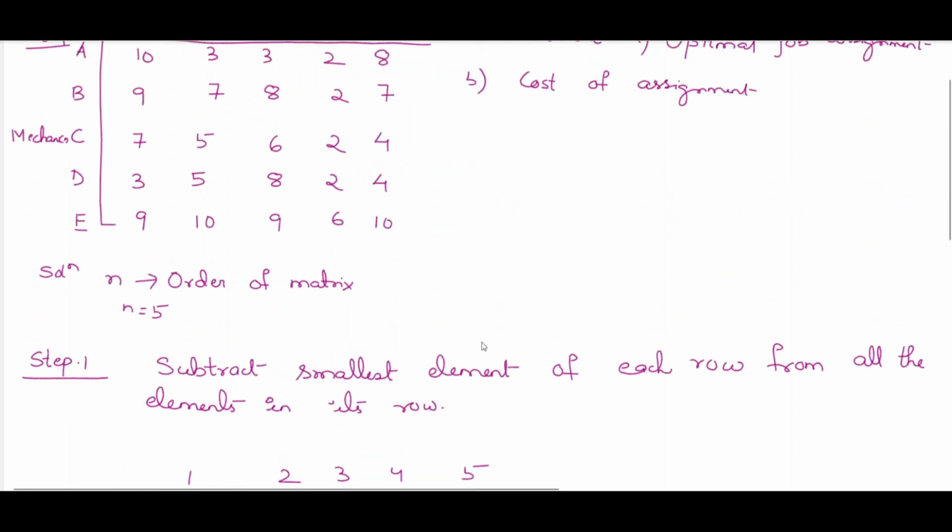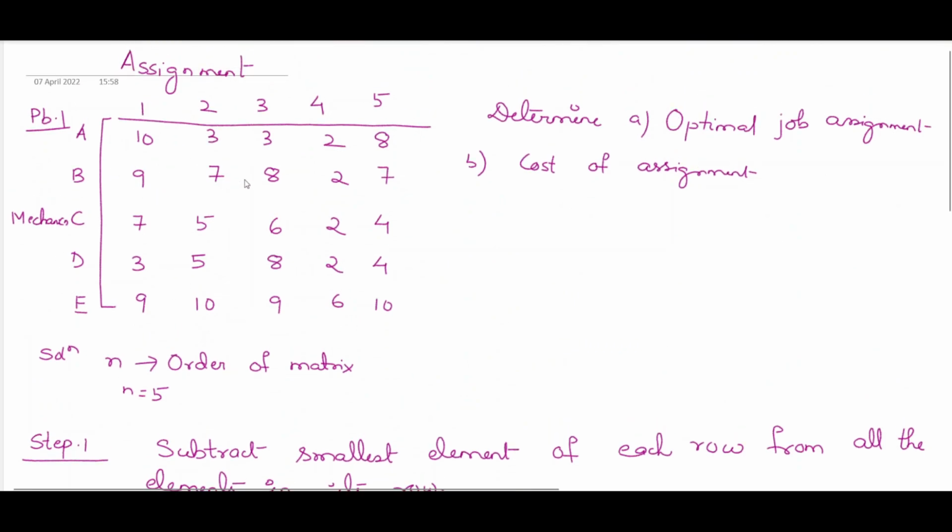Similarly, we'll go to the second row. Second row is 9, 7, 8, 2, 7. We are considering this 2. For this problem, you can see coincidentally this fourth column consists of all 2s, but we will be considering only the row-wise smallest element. So here the smallest element is this 2.